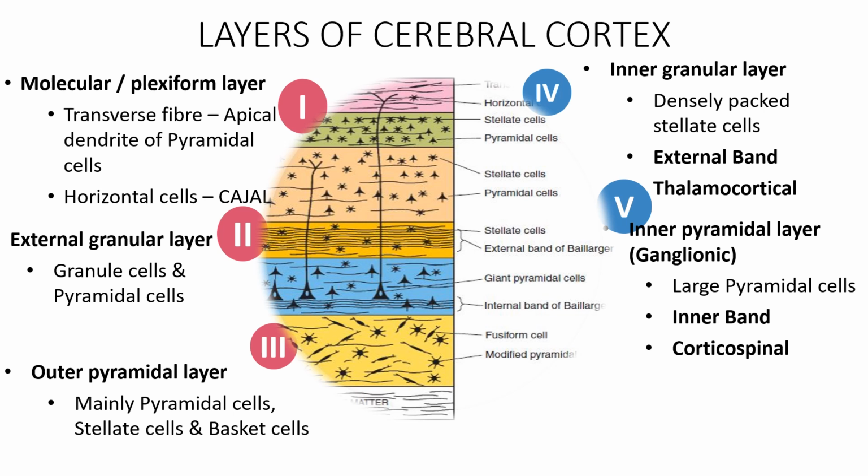And the fifth one is the inner pyramidal layer. It is also called the ganglionic layer. This layer is composed of mainly the large pyramidal cells. It is specially developed in the motor cortex, where these cells are called giant cells or the Betz cells.